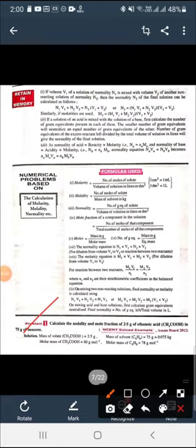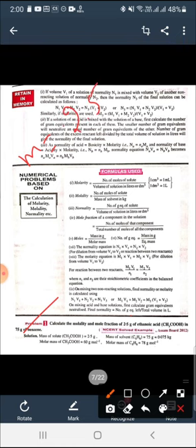Problem 1. Calculate the molality and mole fraction. We have to calculate two things, molality and mole fraction of 2.5 gram of ethanoic acid in 75 gram of benzene. As you know, for molality we calculate number of moles of solute.